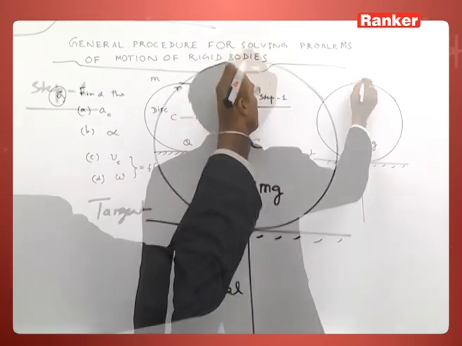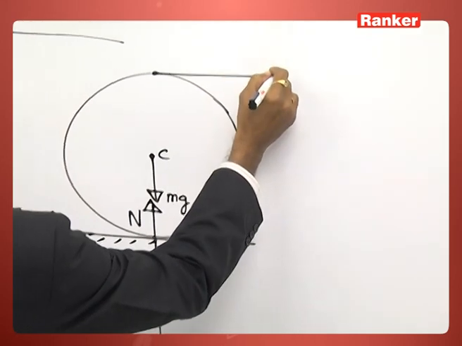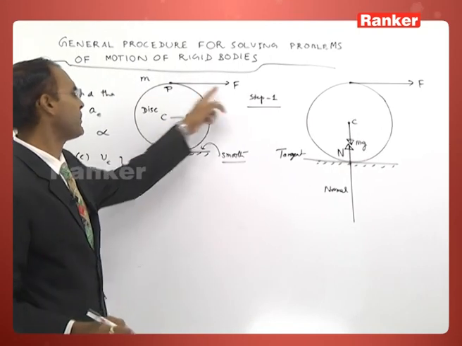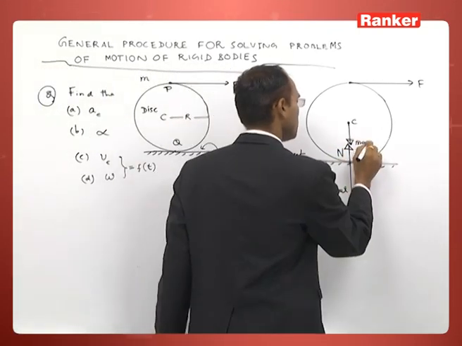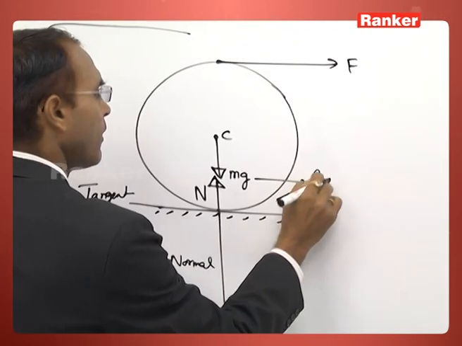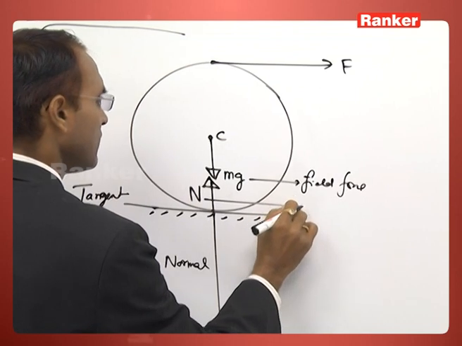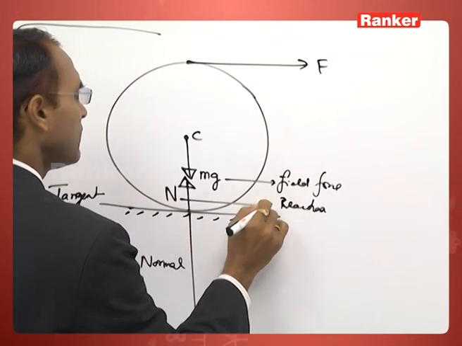And finally, you have to include the force you are applying from outside. This force is called the applied force. There is the field force, and there is the contact force. This is the field force. This is the reaction, which reaction?